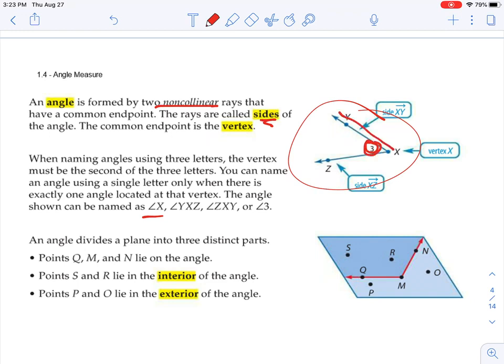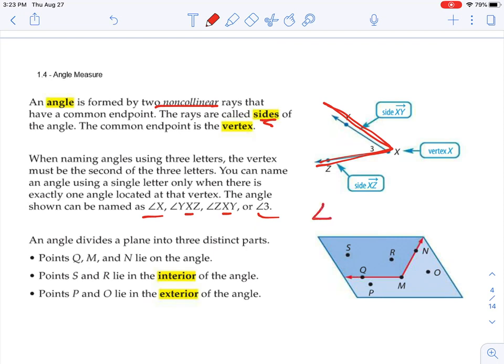That number has to be between the two sides, so we can call this angle 3. And then notice that center vertex point is the middle letter when naming it, so we can also name it angle YXZ and angle ZXY. We can just flip those 2 letters. So that's 4 different ways to name the same angle. It's all talking about the same thing.